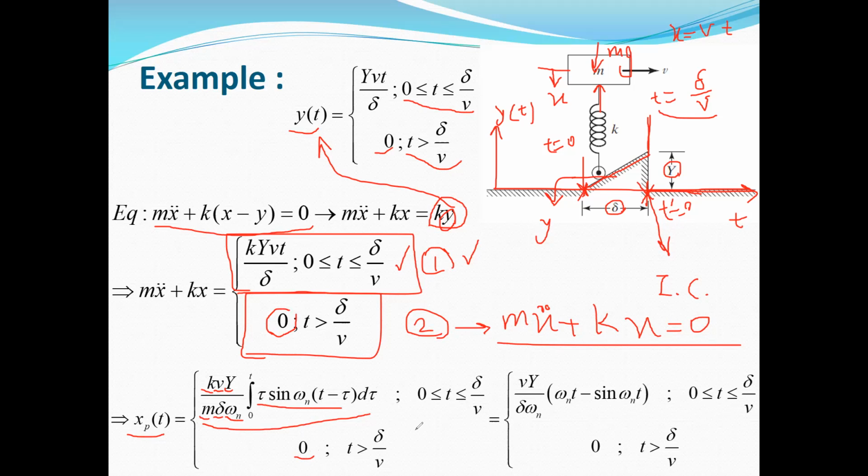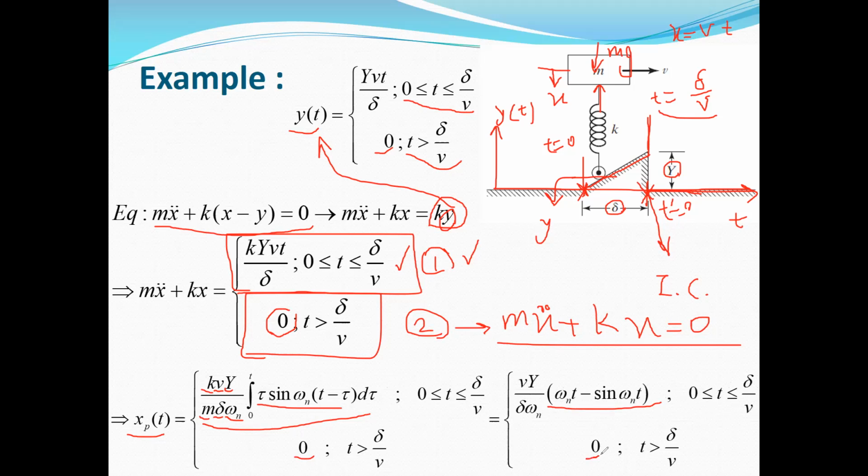We can solve this integral and obtain x p of t, which is equal to v y divided by delta omega n times (omega n t minus sine omega n t). This is the response for t between 0 and delta divided by v, sorry.